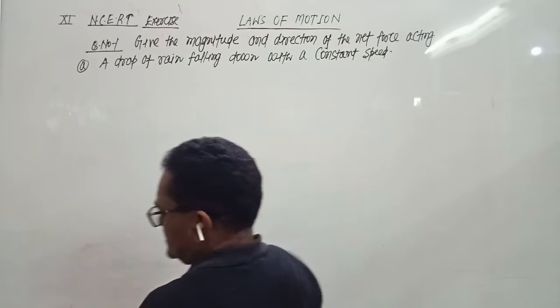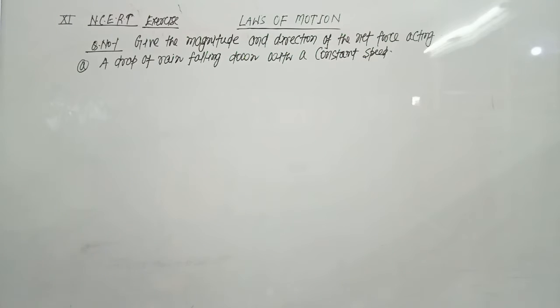This is the first part of the question. A drop of rain falling down with a constant speed. Then we have to find the magnitude and direction of the net force acting on it.